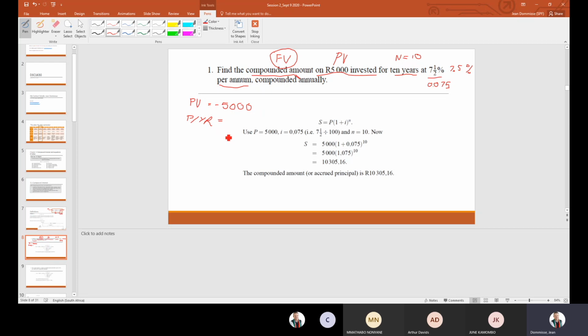The default is 1. So if you've cleared everything, the default is always 1. But otherwise, what I normally do is before I start, I will look at what is asked. So I know it's annually, so I would say how many times per year, it's 1. Then my N in the calculator, I would put in 10. My interest rate on the HP, so I am working with an HP 10.